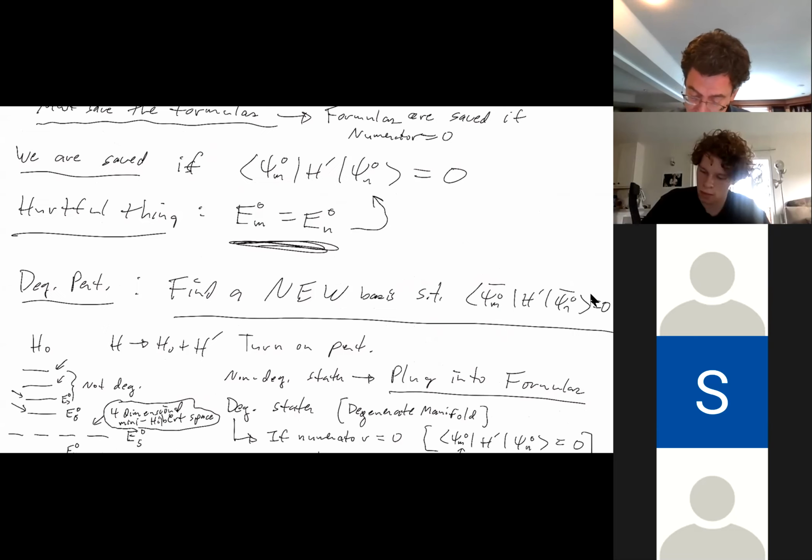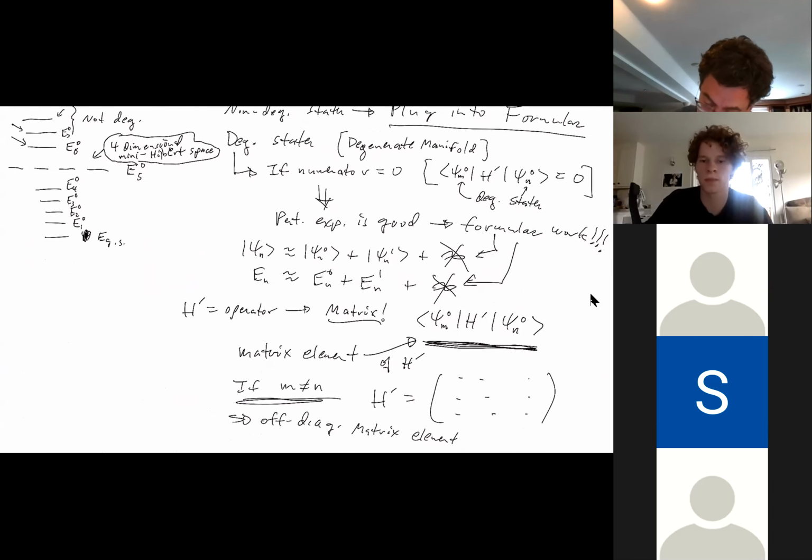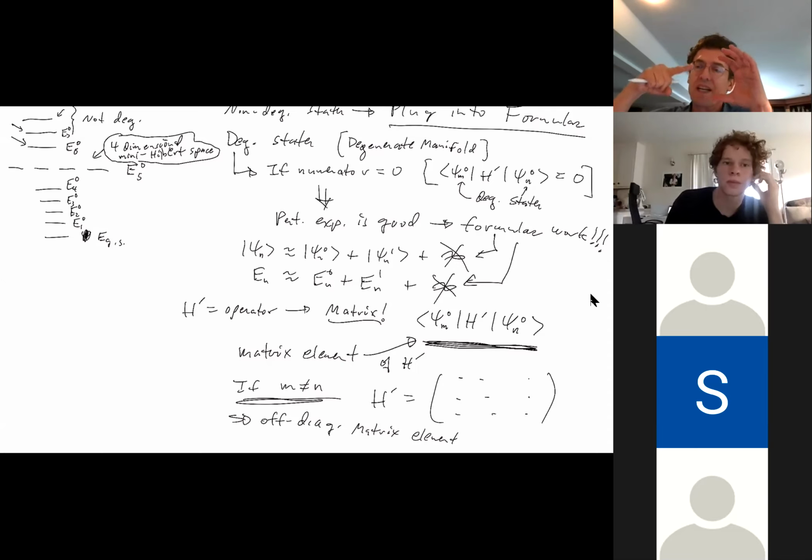The point I want to make is that if we have a degenerate subspace, the whole point is to see, in this little degenerate subspace, what is the value of these off diagonal matrix elements. So let's restrict ourselves to the degenerate subspace, because it is the only place where we're going to get these singularities, these infinities. And so we've got to fix it.